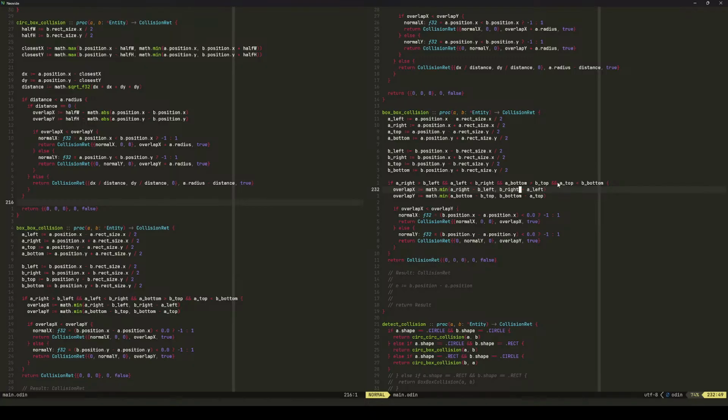Bottom is greater than top, top is less than bottom, minimum right minus left, right minus left, and then bottom minus top, bottom minus top, B bottom minus top. And yeah.